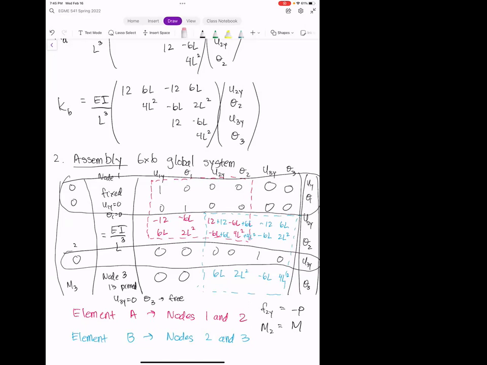Let's go ahead and write those in. For F2y, we're going to put in minus P, and for M2, we're going to put in big M. The last piece of information that we need is M3, and M3 here is just 0.